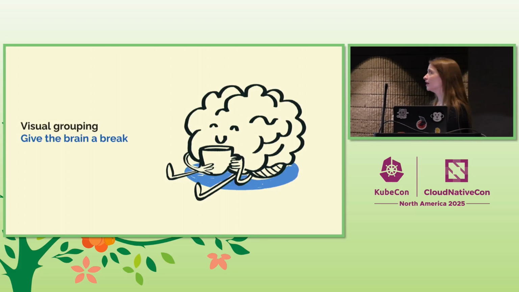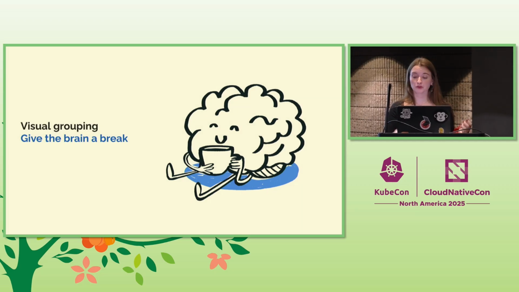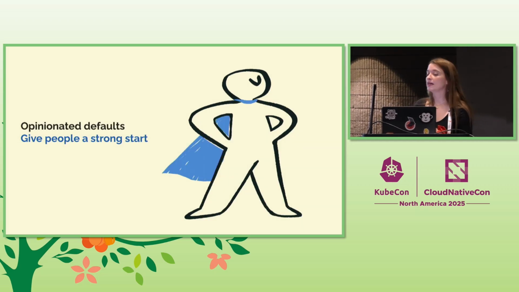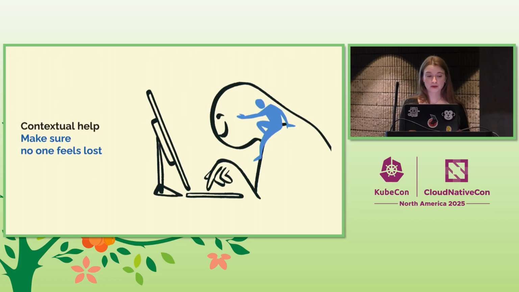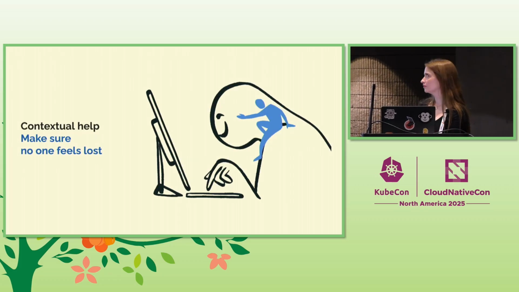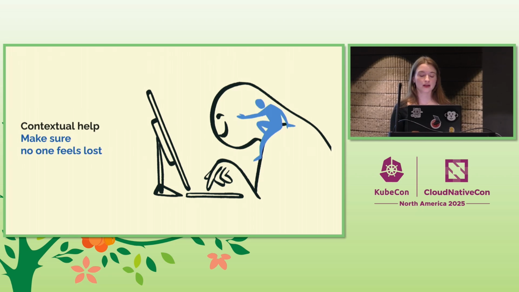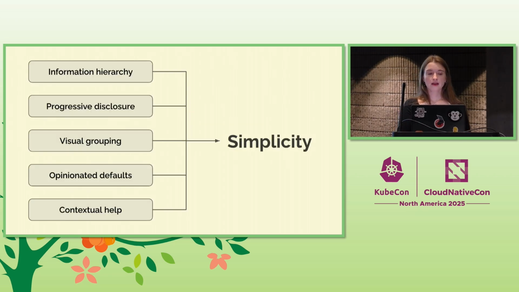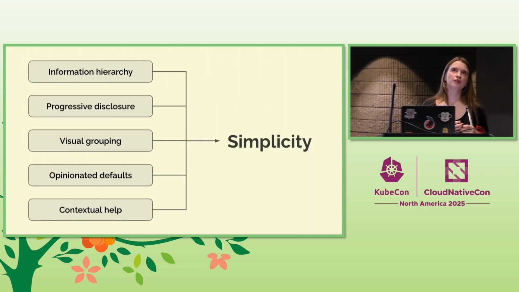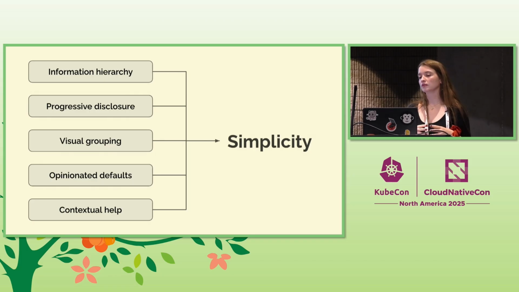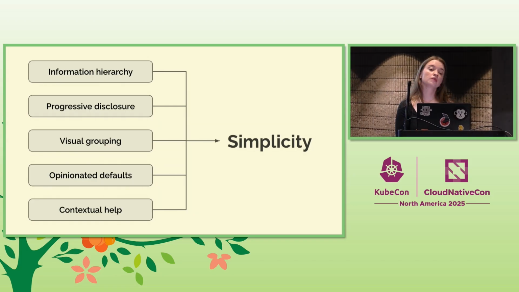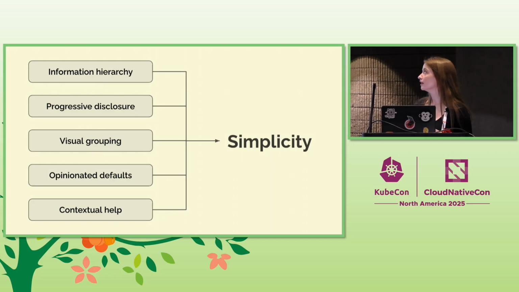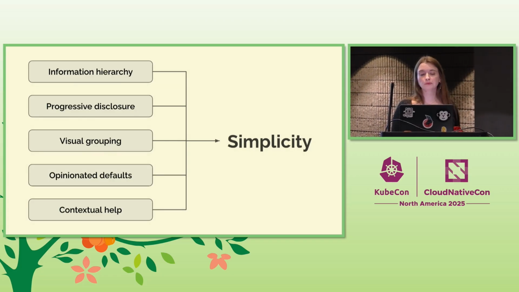Give the brain a break with visual grouping, and provide strong starts for people with your system, and also make sure no one feels lost with contextual help, whether it's with AI or not. And all of this is because we need to make sure that even when it's complex data and complex systems, we provide simplicity for it to be translated into something that is actionable.